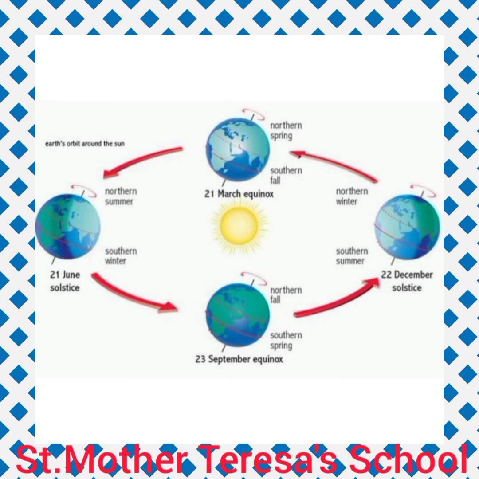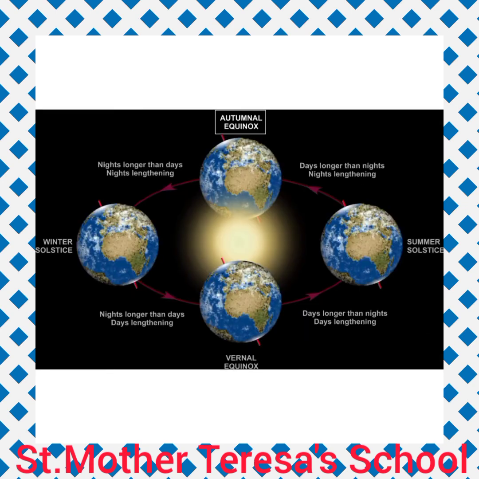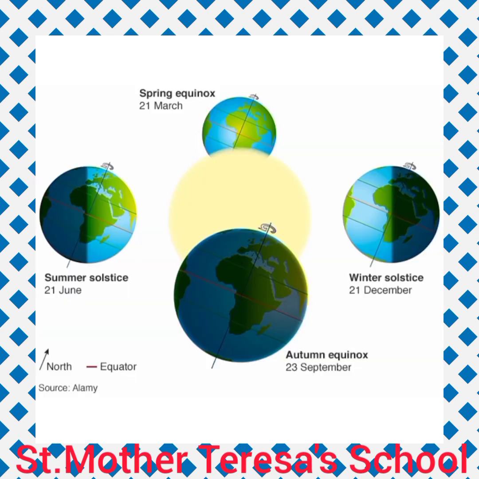Next one, winter solstice. On the 21st December or 22nd December, when the South Pole is tilted towards the sun, the sun shines directly on the Tropic of Capricorn. The Southern Hemisphere experiences summer while the Northern Hemisphere experiences winter. Next one, equinoxes.